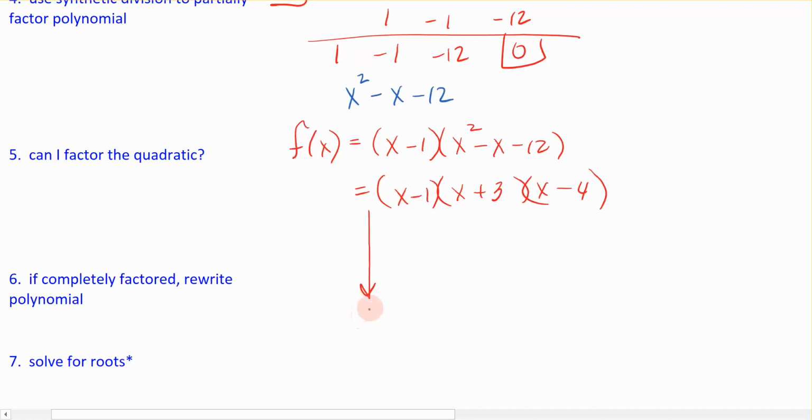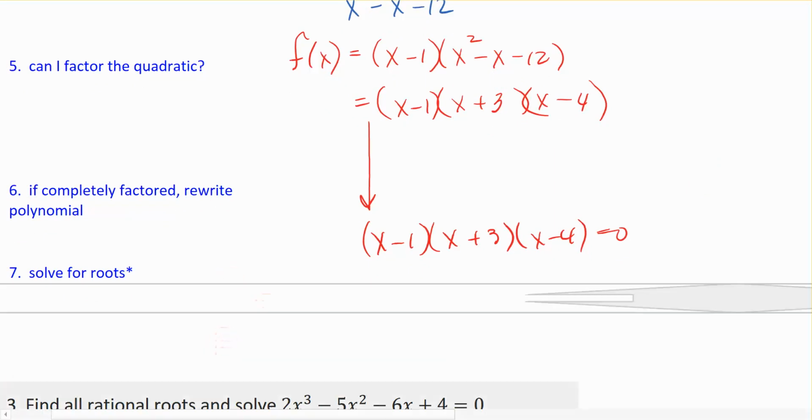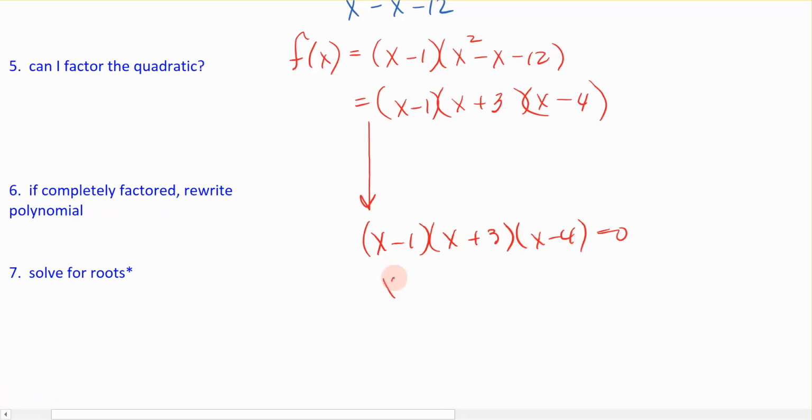Remember, that's when I take this and set the polynomial equal to 0 and use the zero product rule to solve each of these roots. X minus 1 equals 0, x plus 3 equals 0, x minus 4 equals 0.